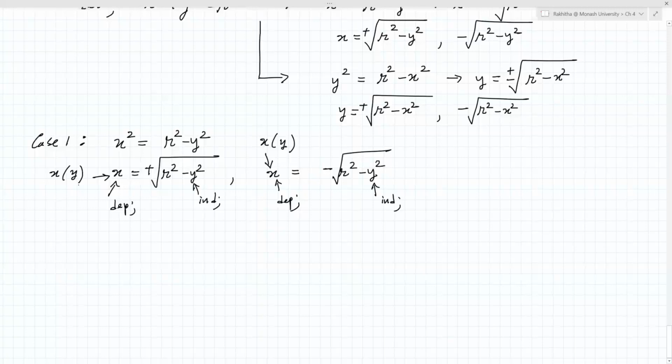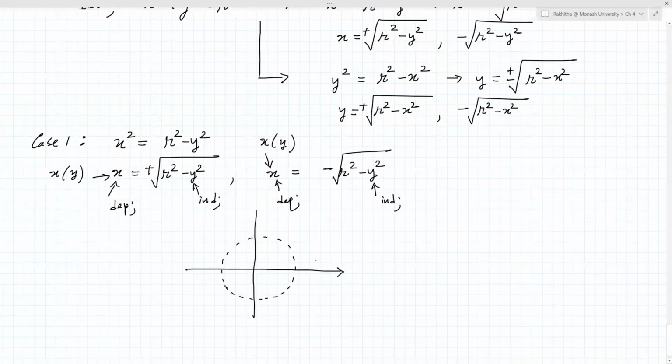In that case, x is changing with respect to y, so y becomes the independent variable and x becomes the dependent variable. I hope you understand what I'm saying. Now let me draw the circle. Okay, let me draw the circle.